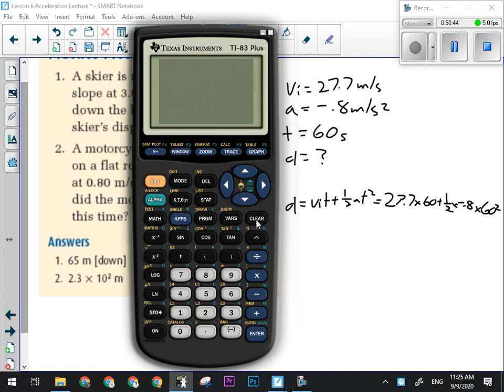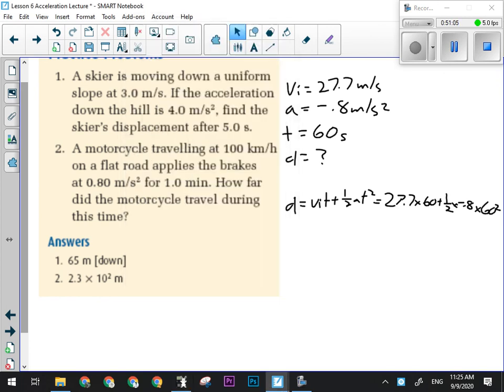Whoops. 100 divided by 3.6. Okay, so now that I've got all the decimals, that's important to have, times 60. All right, so there's the first part of my question, plus 0.5 times negative 0.8 times 60 squared. Okay, that gives me 2.3 times 10 to the 2 meters.